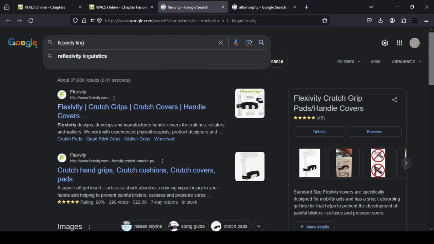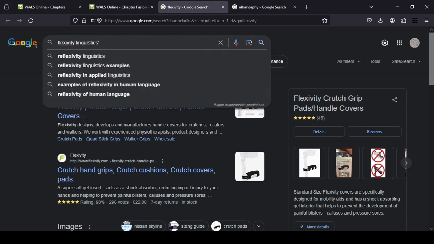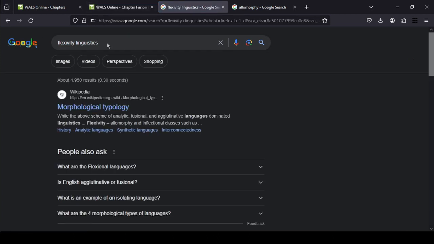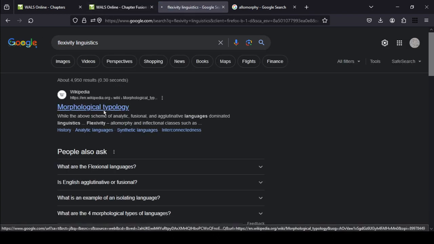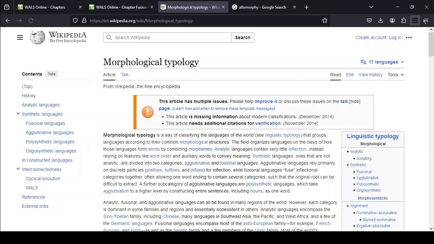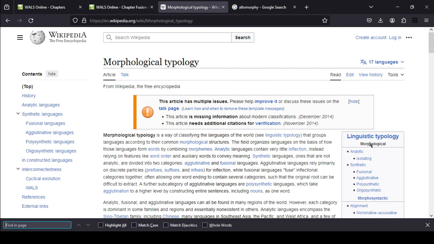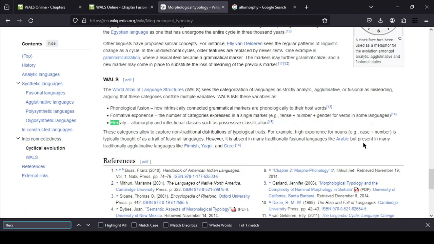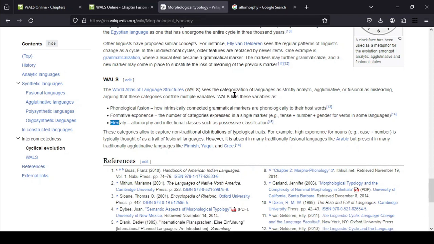Flexivity linguistics. Okay, this is just a whole article about typology. Oh wow, it's citing WALS. This is a good explanation. This is exactly what I wanted. The World Atlas of Language Structures sees categorizations of languages as strictly analytic, strictly misleading, arguing that these categories conflate multiple variables.